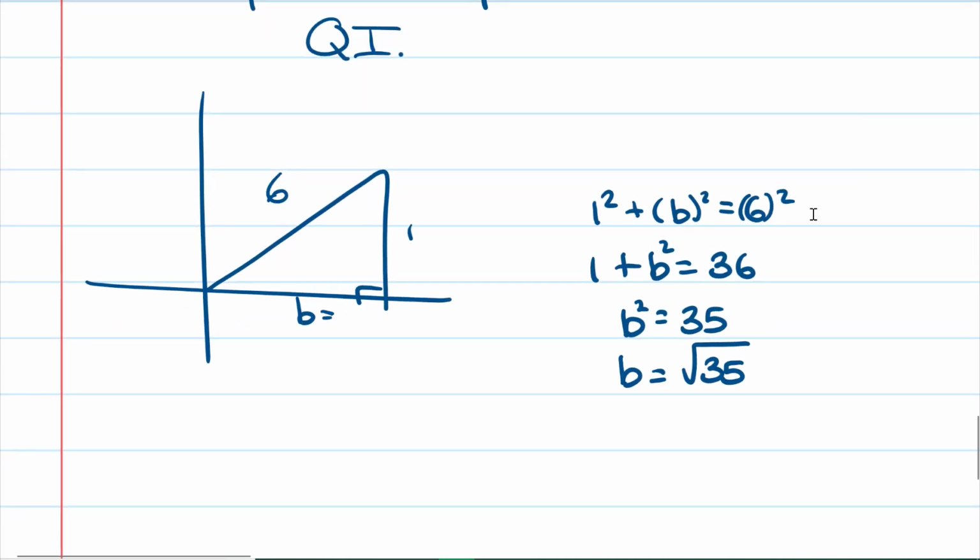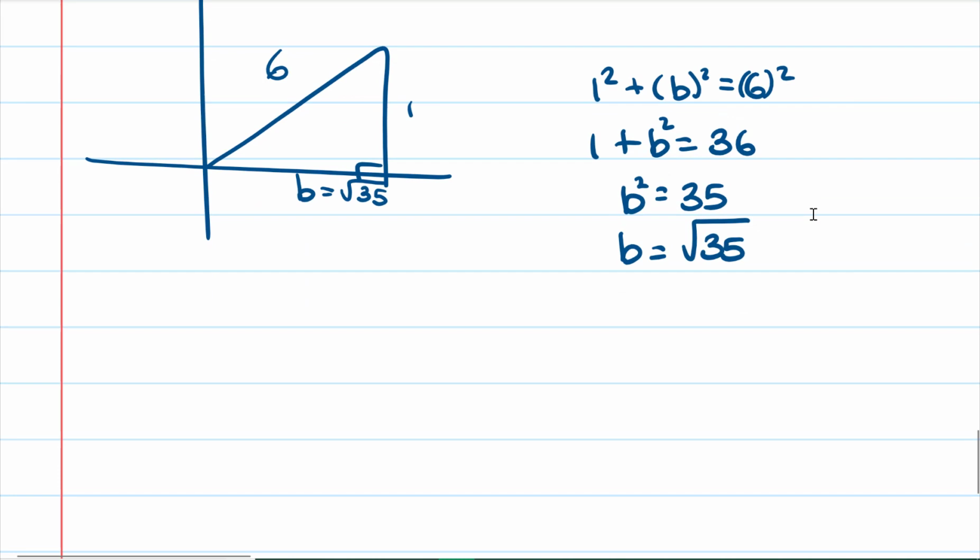Okay, and I get b is the square root of 35. And I know it's positive because we're in the first quadrant. And my goal for this problem was to find cotangent. So cotangent of theta is going to be root 35 over 1, so it's the square root of 35.